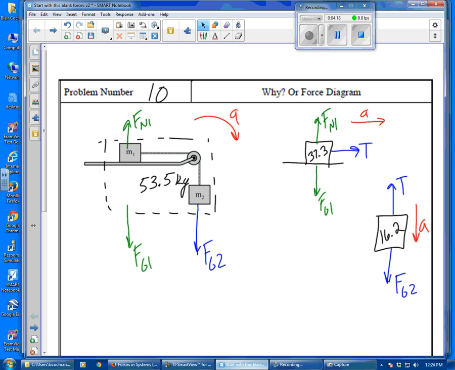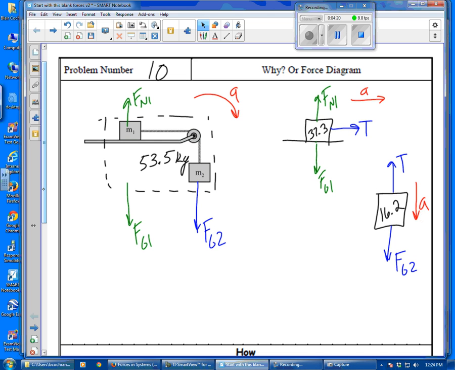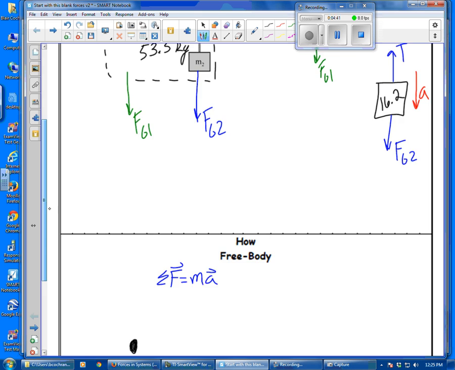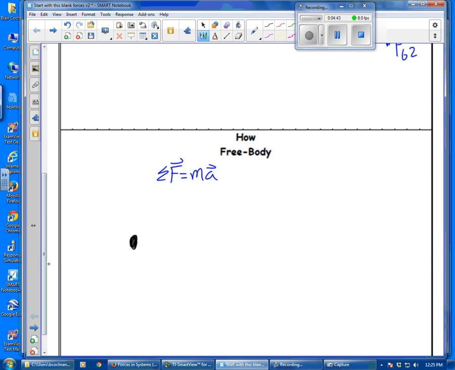Alright, so we're going to do the acceleration, which means I'm going to use the system. And so, of course, I start off, as always, with picking out the relevant equation, which nicely, I only have one equation in this whole section, which is that. And then I'm going to fill in that equation. I think I'll first do it graphically. It makes more sense to me. So 53.5 kilograms is the inertia there.